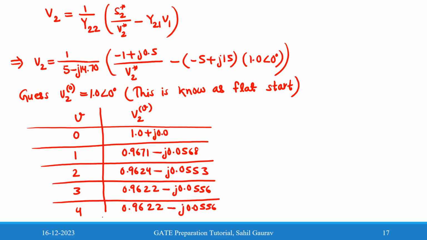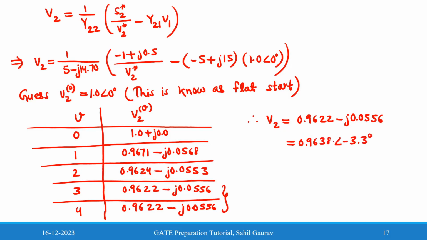We can see that upon going to iteration 3 to 4, there is very little change in the voltage value at bus 2. So these are equal, and we can take the voltage at bus 2 as V2 equal to 0.9622 minus j0.0556. Therefore V2 is 0.9638 at the angle of minus 3.33 degree.